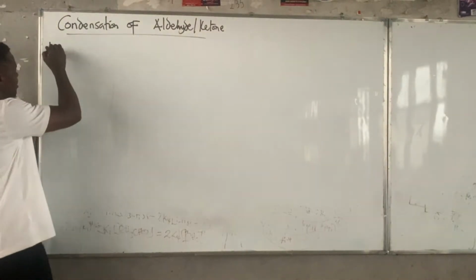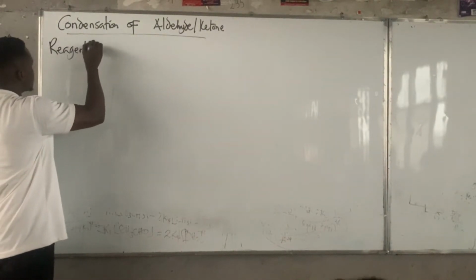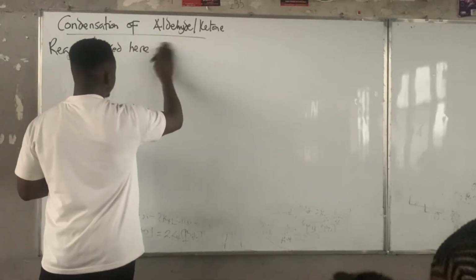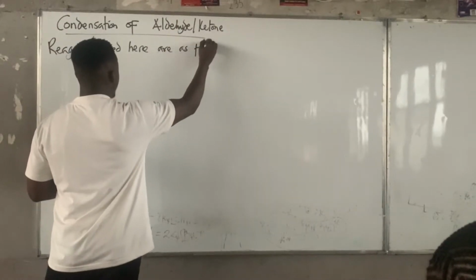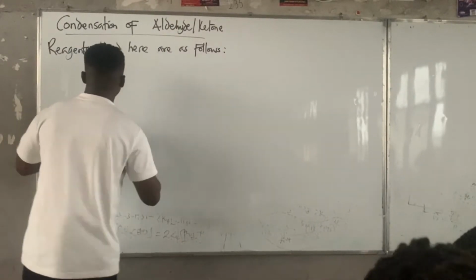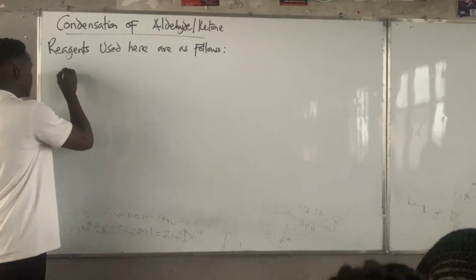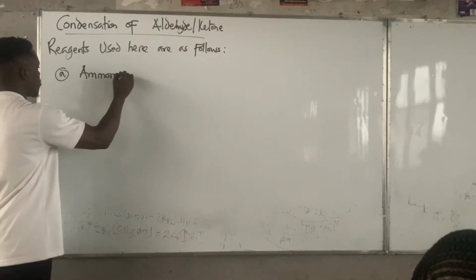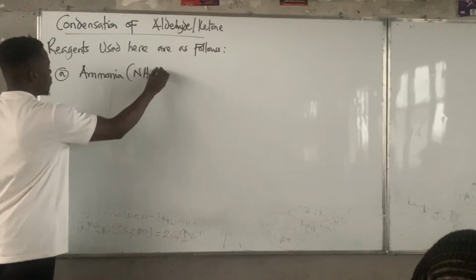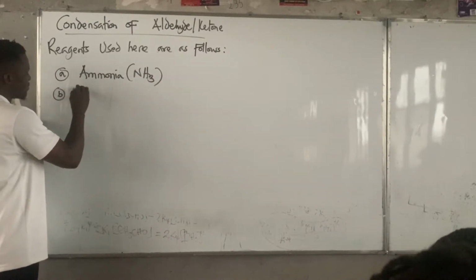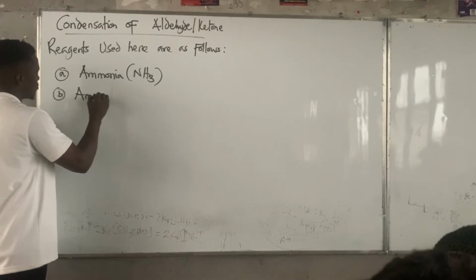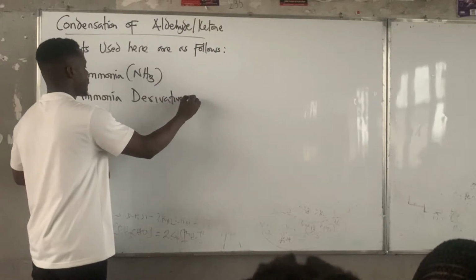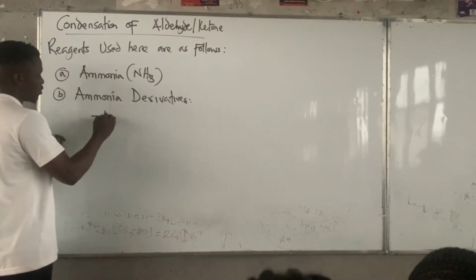All right, so the reagents used here are as follows. The first one is ammonia. The second one is ammonia derivatives, which is the first one we have, primary amine.